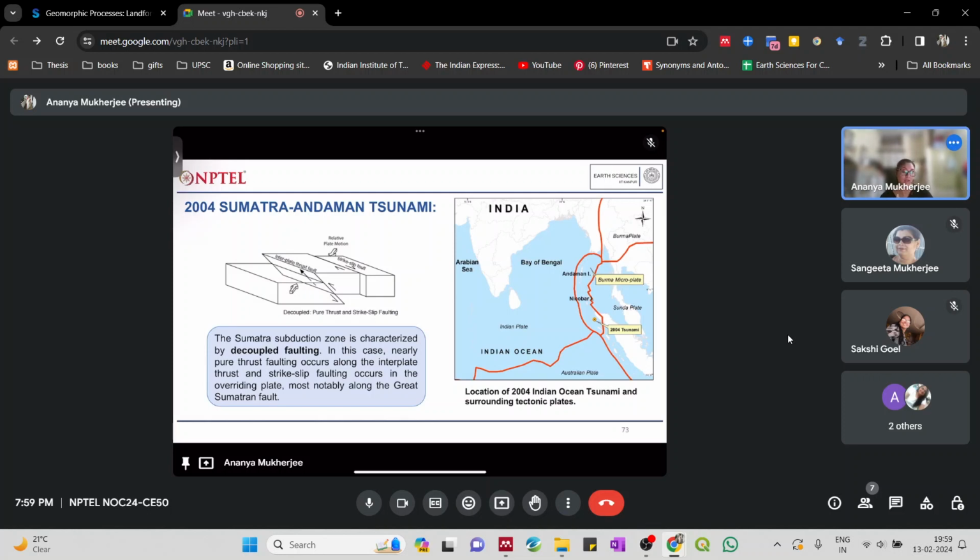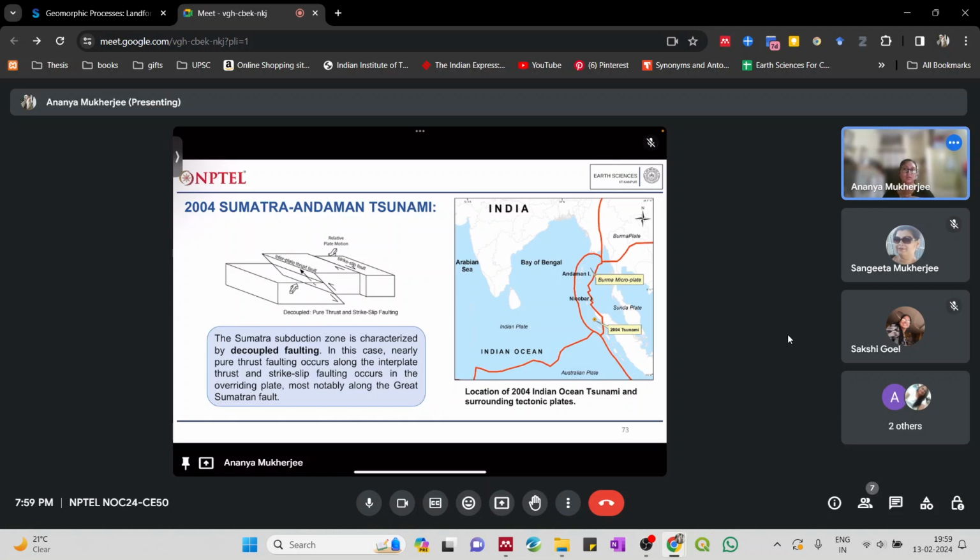Otherwise, I will spend a few more minutes in the next class to go through how the different kinds of plate boundaries and plate movements cause natural disasters, as we will see in the Sumatra Andaman tsunami case, as well as the recent earthquakes in Turkey last year.